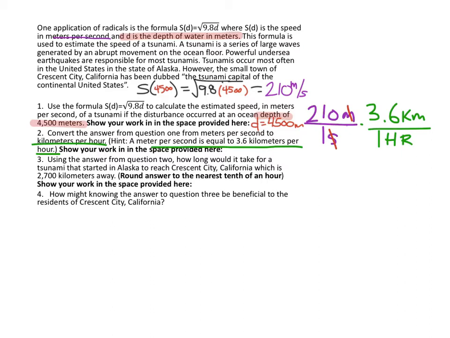Calculator for that one. So 210 times 3.6, which is 756. So that's question 2 there, which is 756 kilometers per hour. Maybe I should box these in. So yeah, there was no need for dimensional analysis if we look at it as 210 groups of the 3.6.